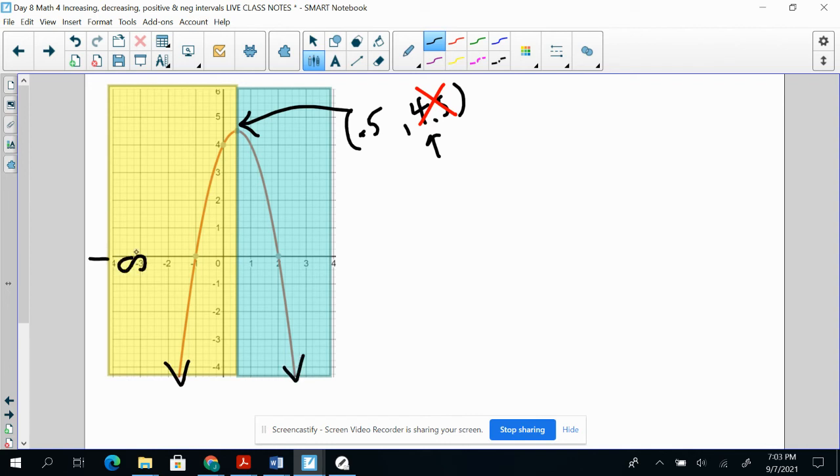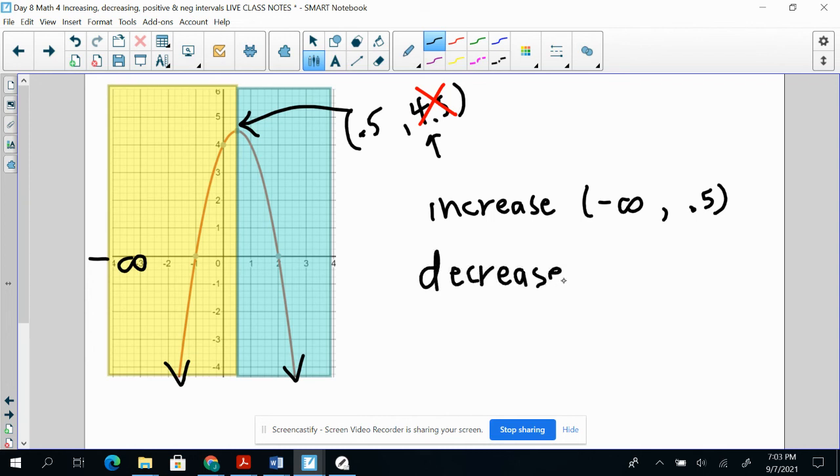Reading from the left at negative infinity, it is increasing this time. It starts going up from the left to the right. So it increases from negative infinity to our turn point, which is 0.5 as the x value. So 0.5 or 1/2, if you want to use a fraction. And then it's going to turn there and decrease from that 0.5 indefinitely to the right, so positive infinity.